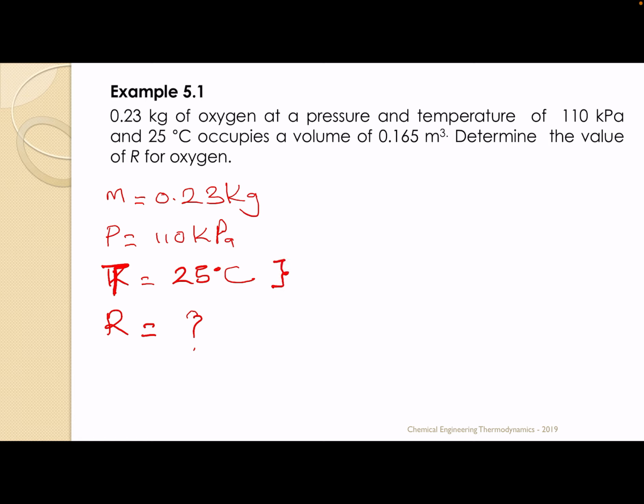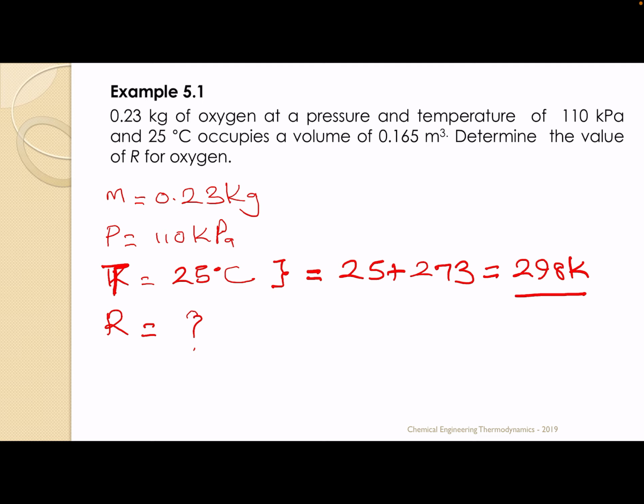Hence, this needs to be converted to Kelvin. That will be 25 plus 273, which gives us 298 Kelvin. Further, we've emphasized the fact that whenever we are dealing with this kind of question, our temperature should always be converted to Kelvin.